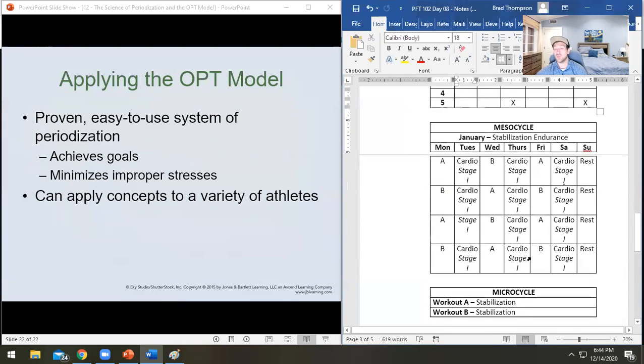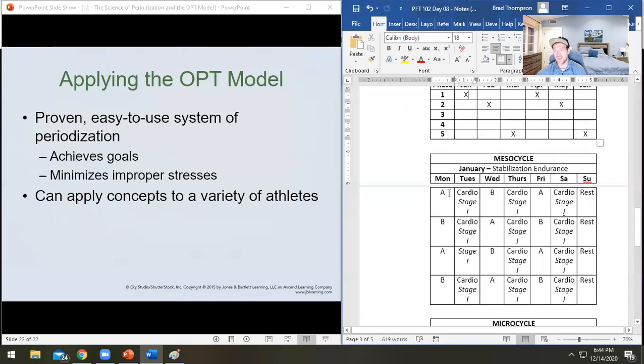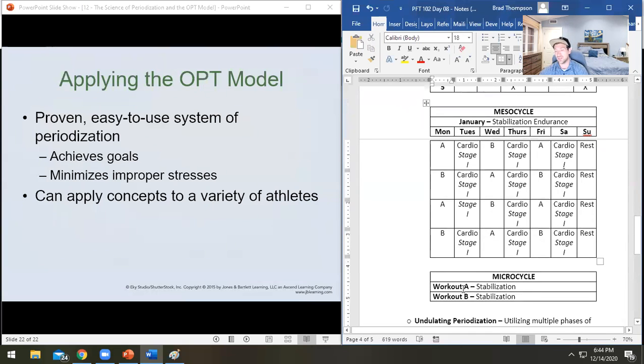So what my month would look like is I would have workout A here on Monday, workout B on Wednesday, and workout A again on Friday. And then next week I would just flip that. So I'm kind of going just back and forth between A, B, A, B. And for every one of those workouts, you can see my microcycles here. Workout A is a stabilization workout. Workout B is also a stabilization workout.